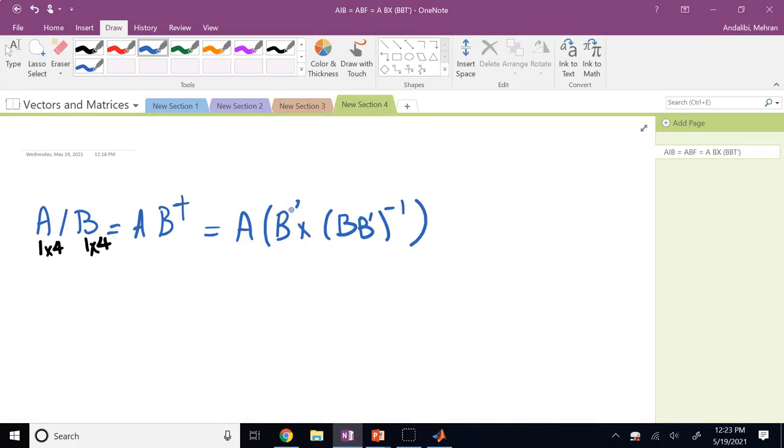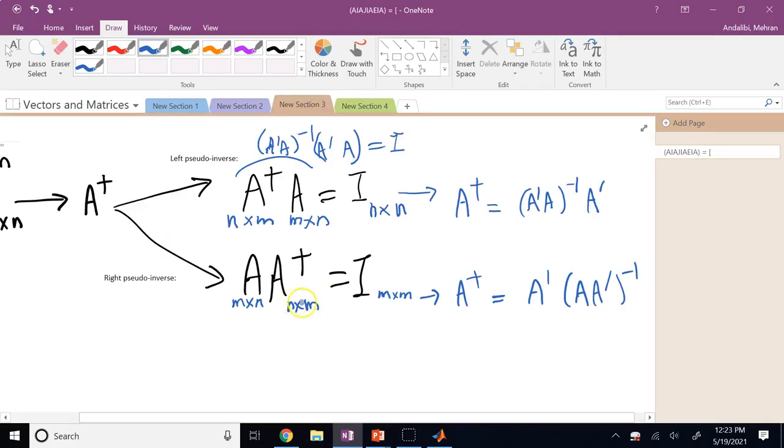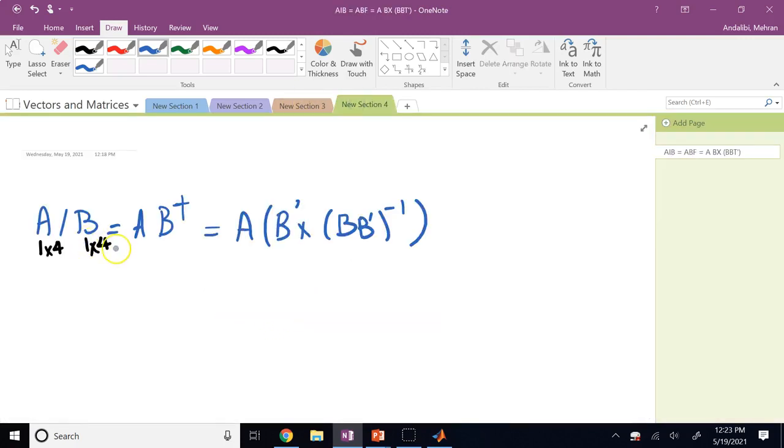So now the dimension of it, as you saw, it's opposite, backwards. So if A is m by n, it's n by m. So in this case, since B is 1 by 4, the pseudo inverse is 4 by 1. So you have a 1 by 4, and you have a 4 by 1, so the result is going to be 1 by 1, a scalar.